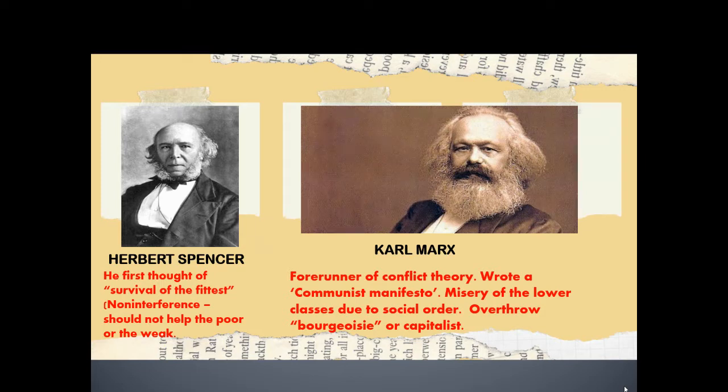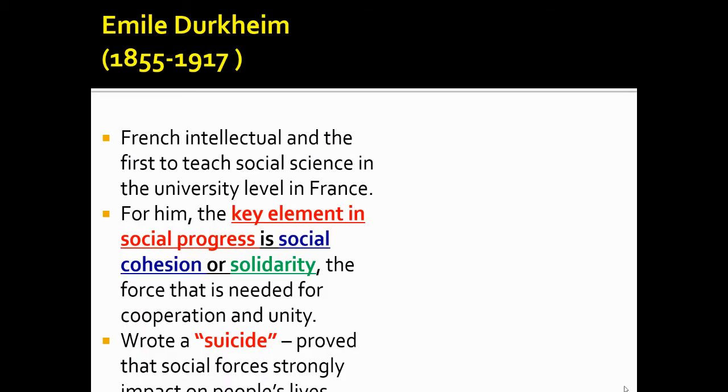We will talk more about Karl Marx in coming days, but he's one of the theorists, one of the authors or minds to introduce a lot of changes in the view of the people of our society, especially social order and social classes.